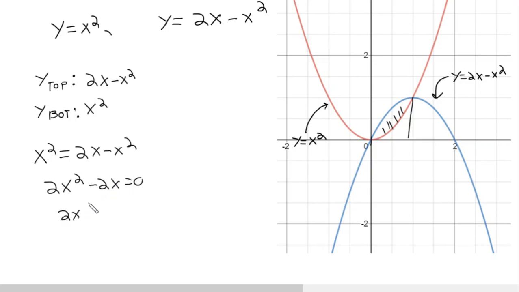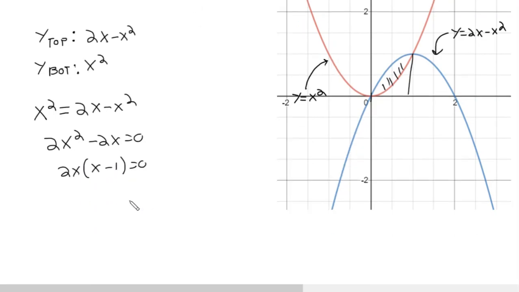Factor out 2x, and then x minus 1 equals 0. And then you end up with x equals 0 and x equals 1. So you just set those equal to each other, find the x values, and those are your upper and lower limits of integration. That's all there is to it.